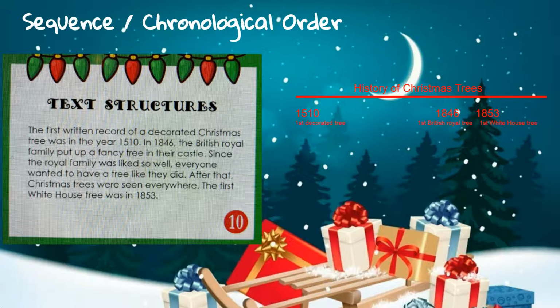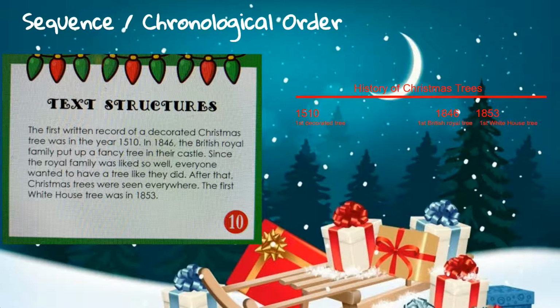Let's look at this other example of sequence and chronological order. This one is with years. It's written about a historical time. It's the history of decorated Christmas trees. We could make a timeline from this. The first written record of a decorated Christmas tree was in the year 1510. In 1846, the British royal family put up a fancy tree in their castle.